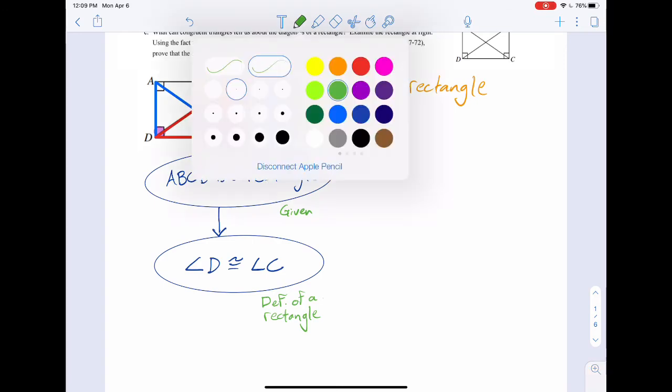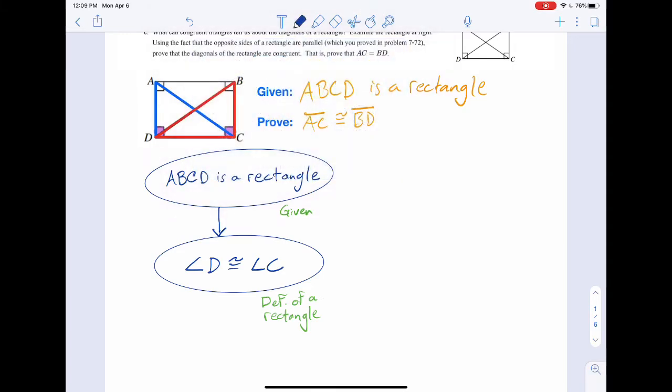Now, what else do we know because it's a rectangle? If it's a rectangle, we can then say side AD is congruent to side BC. Why are we allowed to say that?